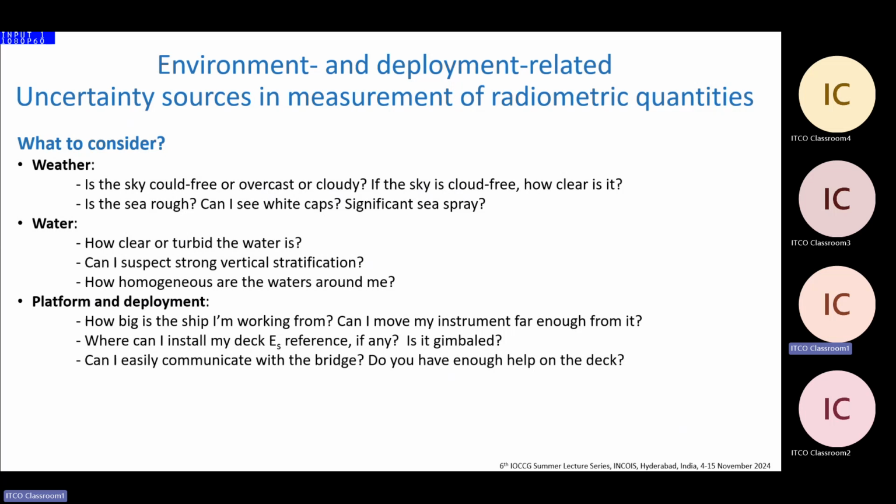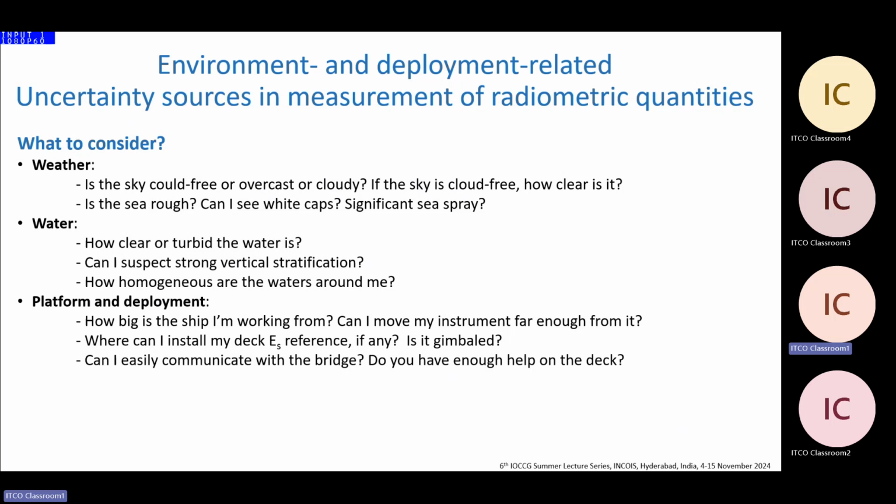And of course, the platform and the deployment. Whether you deploy your instrument from a huge research vessel or from a small dinghy, that of course makes a big difference in terms of shading and water movement and so on. Can I move my instrument far enough from the ship to avoid the shade? Very important point generally.